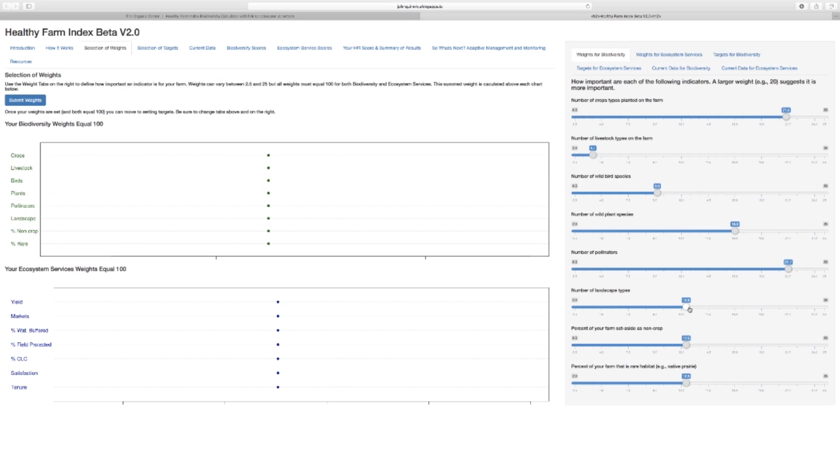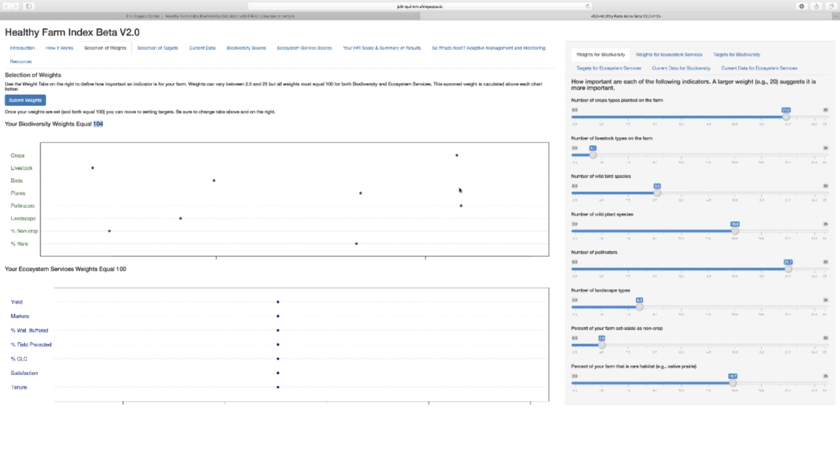Number of landscape types, I'm okay with something relatively simple. Percent of my farm that is non-crop is challenging, but I do like rare habitats. So you can go here and submit those weights, and it gives you a value here of 104 and shows how those weights are distributed.